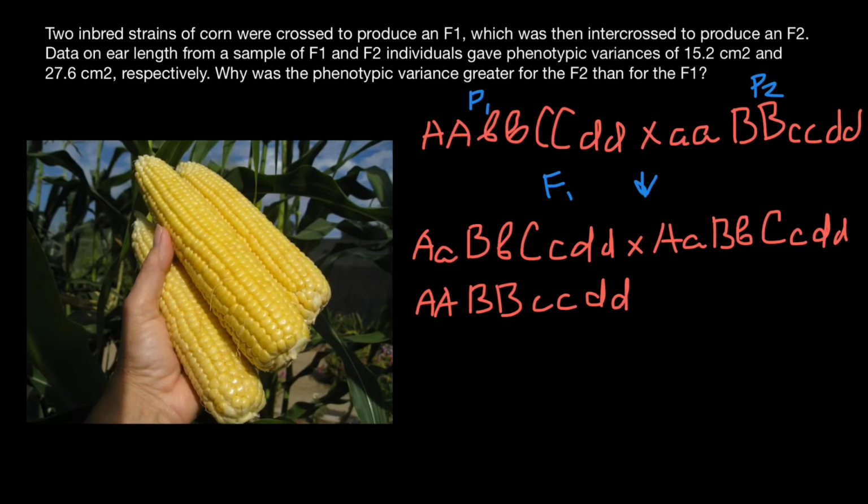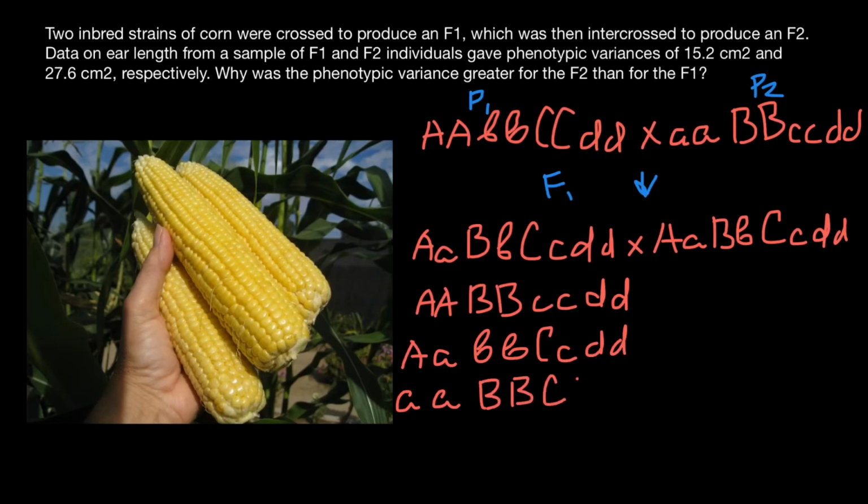Another variant can be capital A, small b, capital C, small d, and many other variants are possible. For example, small a, capital B, capital C, small d, and many other different variants.